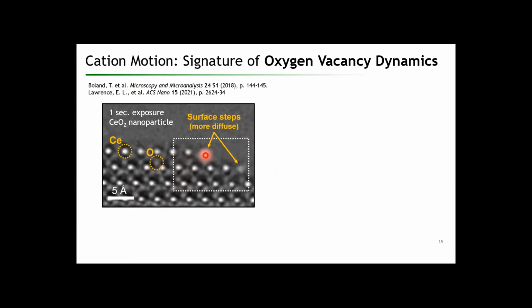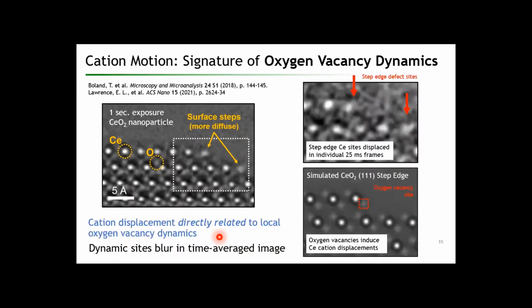And at these defect sites, these step edges, you can see that the cerium columns are actually diffuse relative to the neighboring terrace sites. And by looking at these structures with higher time resolution, you can actually see that those diffuse sites are displacing, they're moving around.